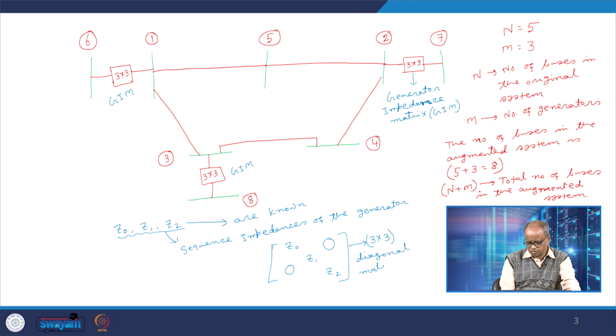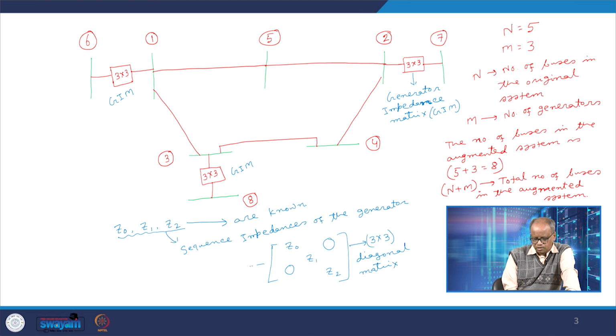So, I construct a 3 cross 3 diagonal matrix by using these three values Z0, Z1, Z2, and then from this diagonal matrix we will do the inverse transform in the ABC domain.